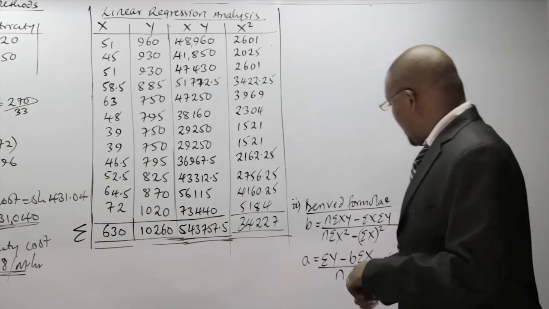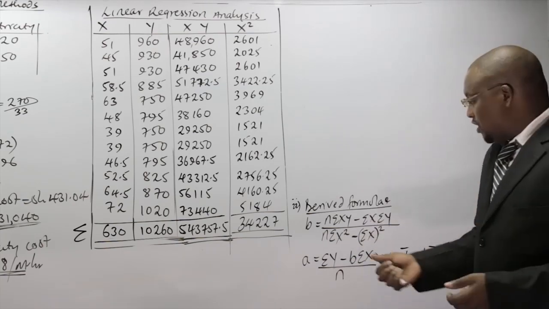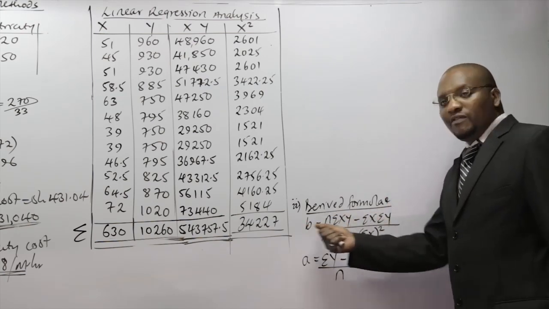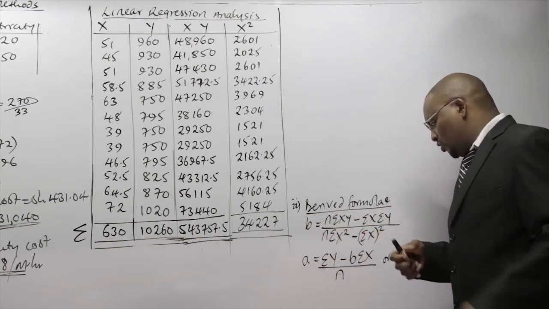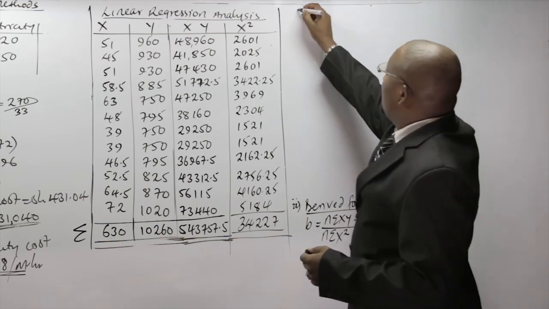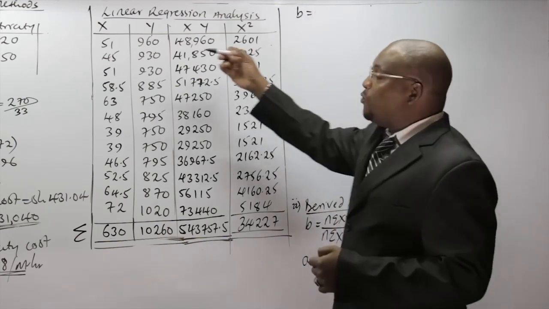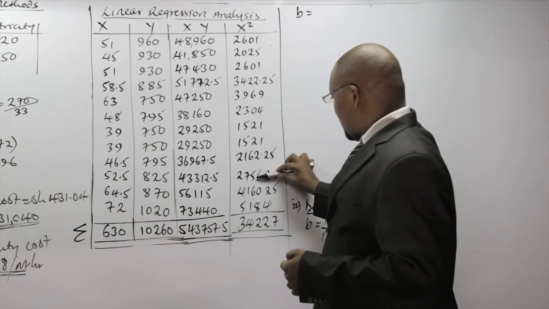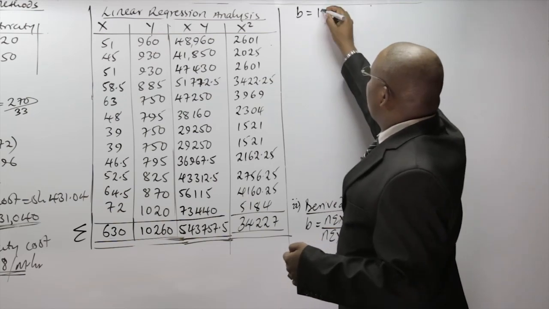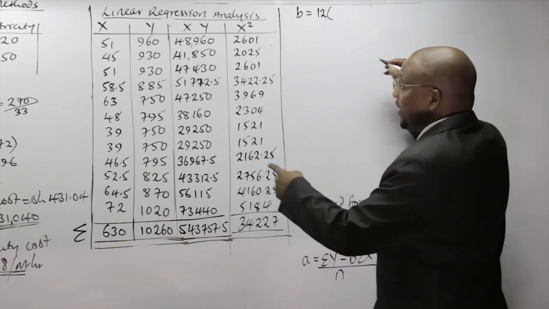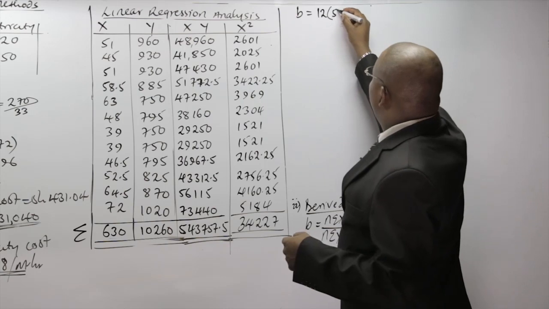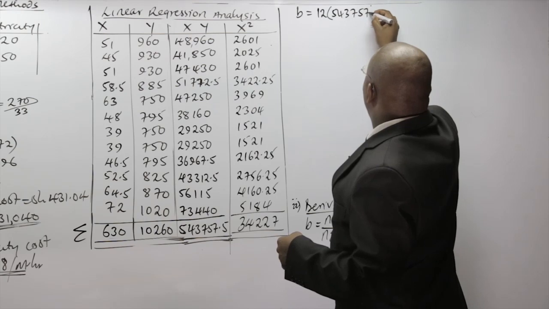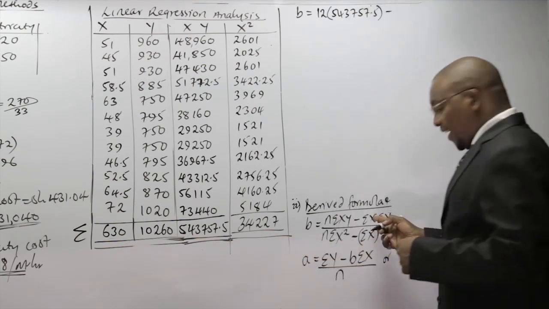This being our formulas, we need to now substitute. b equals n summation xy minus summation x summation y, divided by n summation x squared minus summation x all squared. So b equals n, which is counting how many they are: 1, 2, 3, 4, 5, 6, 7, 8, 9, 10, 11, 12. So there are 12 months. So 12 in bracket xy, xy is this, which is 543,757.5, minus x and y.